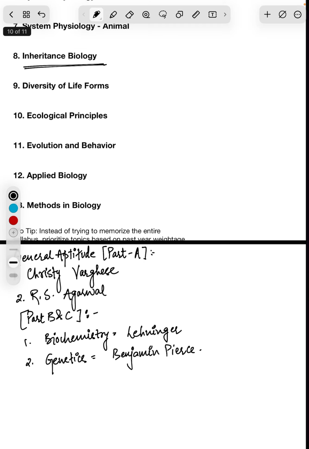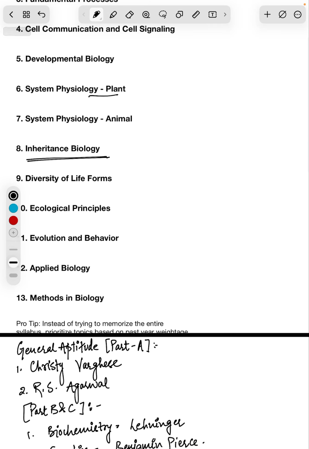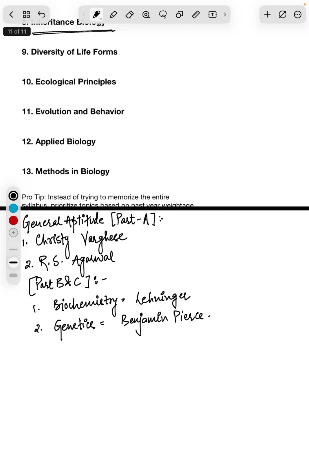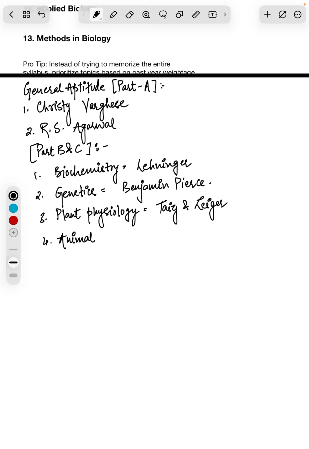Then for plant physiology, you can go with Taiz and Zeiger. For animal physiology, you can go with Guyton and Hall.